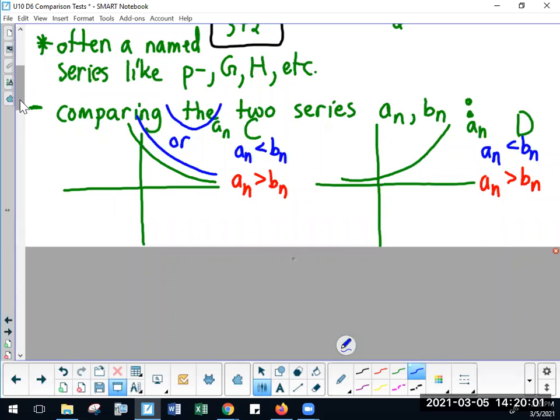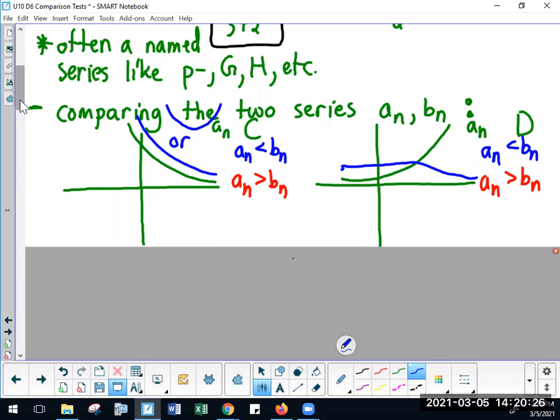How about over here, if A sub n is less than B sub n? Does the same thing happen? Are there two outcomes? Let's find out. So A sub n is doing this. A sub n is less than B sub n, so B sub n has to start out higher than A sub n, right? Okay. Can B sub n go like that? No, that's not allowed.